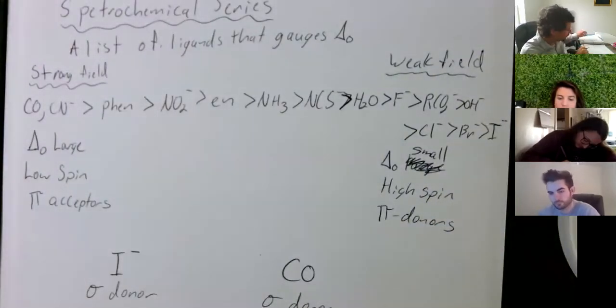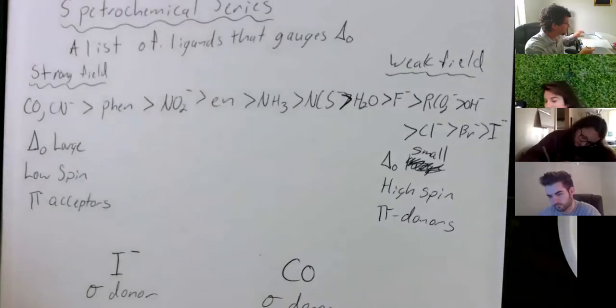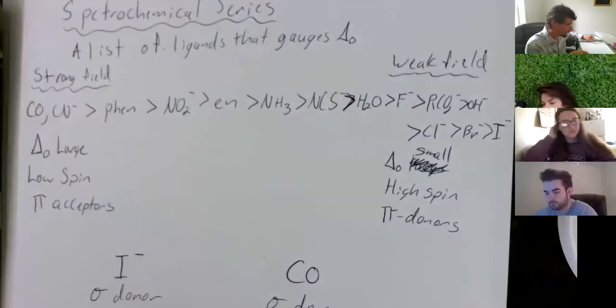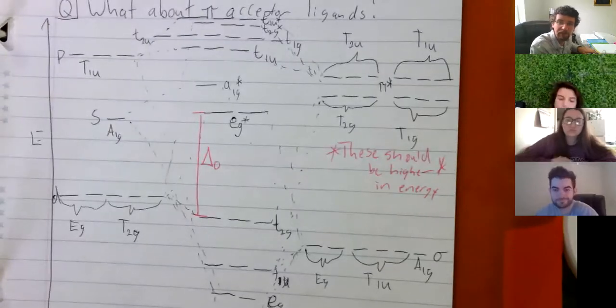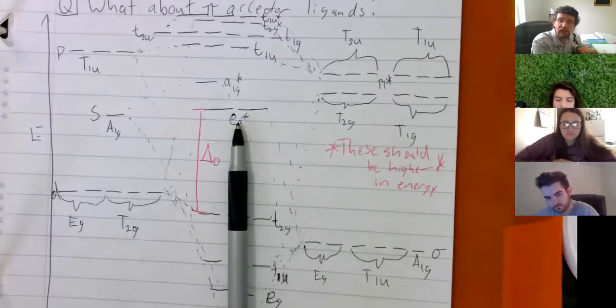If we think back to those molecular orbital ligand field diagrams that we were drawing, I'm going to pull this in front for a second. We had this really complicated drawing. Here was our t2g orbital, here was our eg.